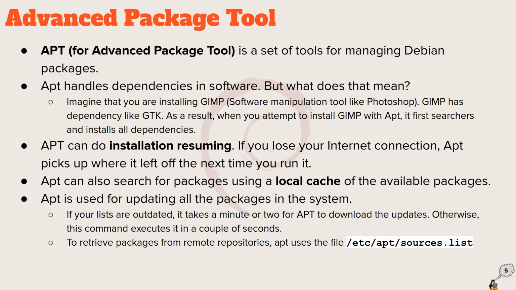APT can also search for packages using your local cache. What does that mean? That means that if you are looking for an application, let's say I want to install a video player on my system because I don't have one, you can actually look for the video player directly on your terminal window. You don't need to open a web browser to go to some weird website where you might download software that you don't know if it might work or not.